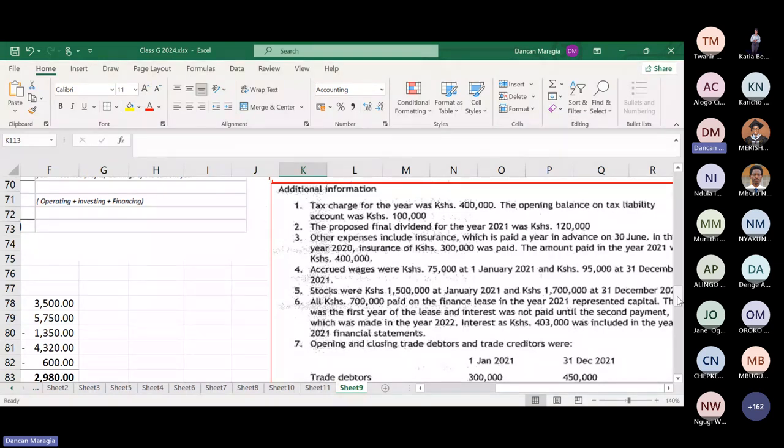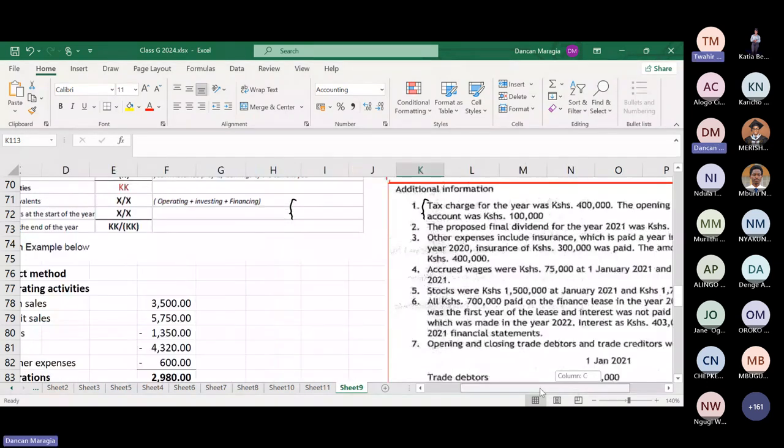So in total, the tax expense for the period shown in the P&L is 400 plus 100. If there was no opening balance, we could have just taken 400. But we have been told we had an opening tax liability, which we should now recognize as an expense we are paying off in the period. 500.